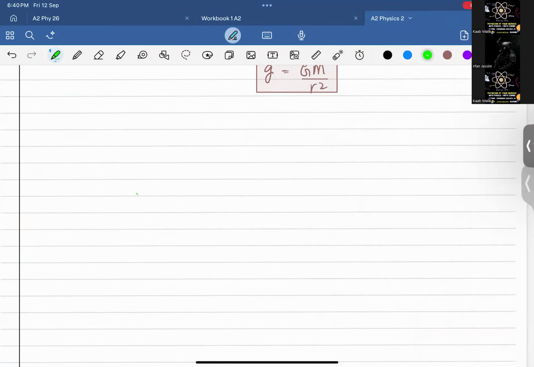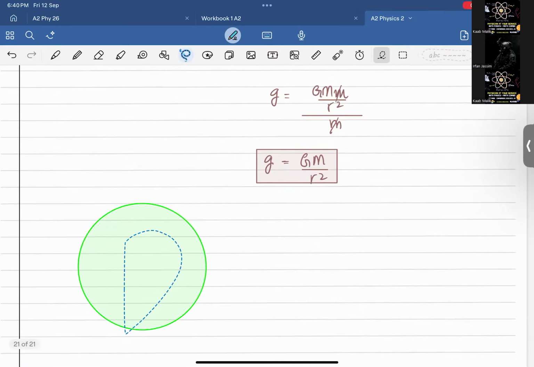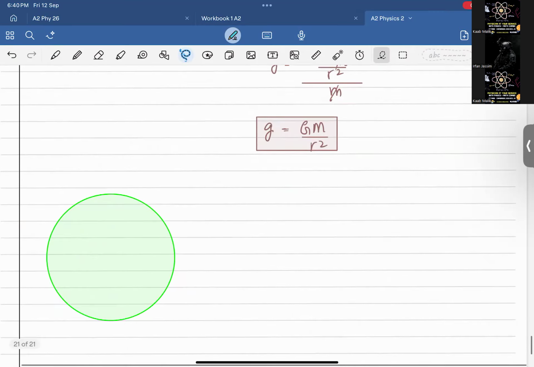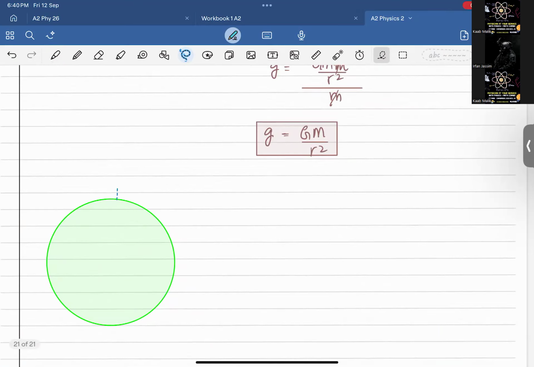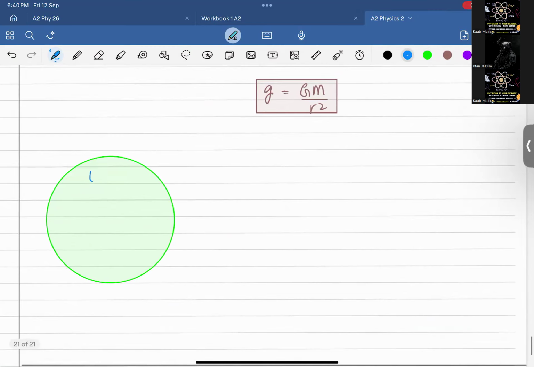Okay, so let's say I have this planet, and let's say this is Earth.